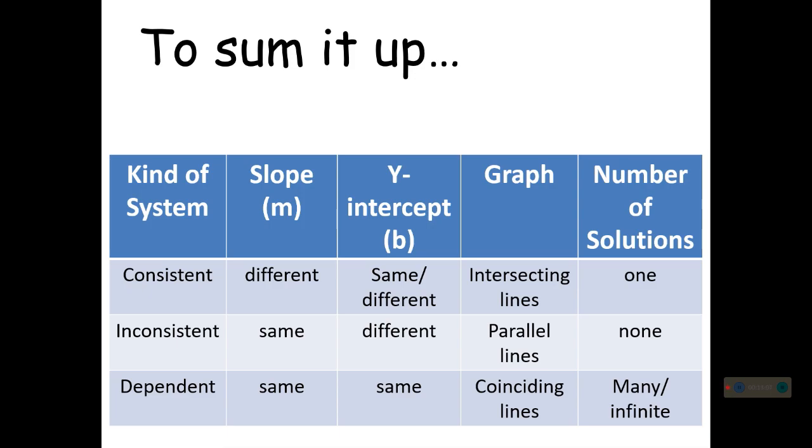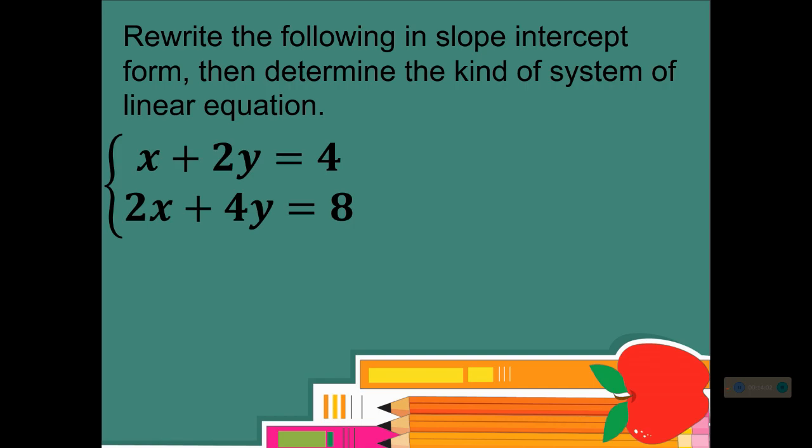And then I have here 3 sets of systems. You will just rewrite them without graphing. Rewrite the following in slope-intercept form, then determine the kind of system of linear equations. After rewriting to slope-intercept form, just observe the values of your m and your b, and then you can determine the kind of system by simply looking at the table that we have on the previous slide.